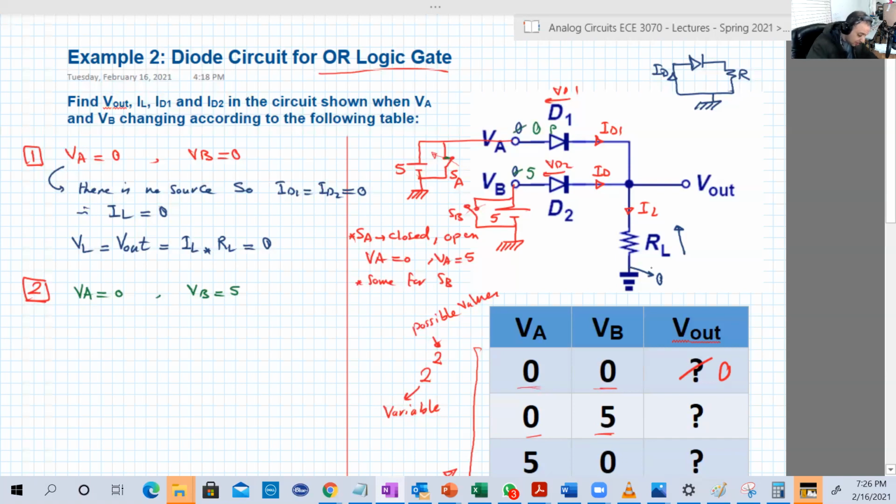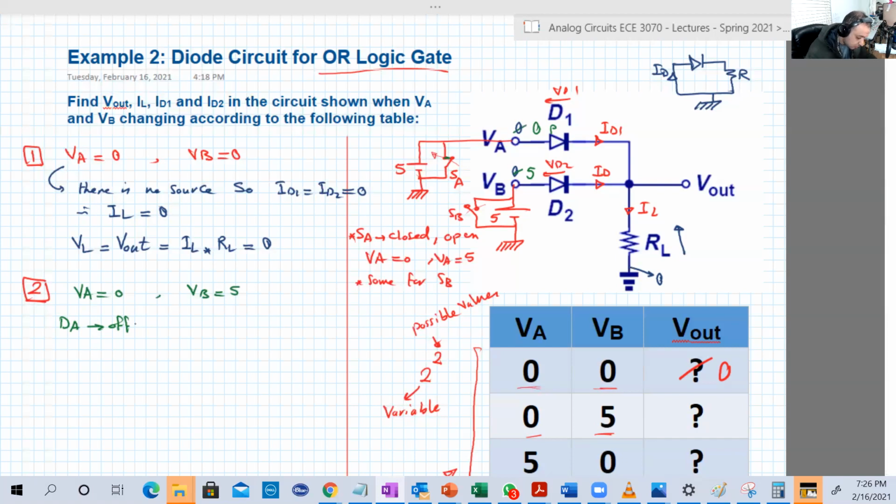So basically here D1 can be assumed off. We don't know if it's reverse or forward, but the voltage is less than 0.7. We're going to solve the circuit and see.